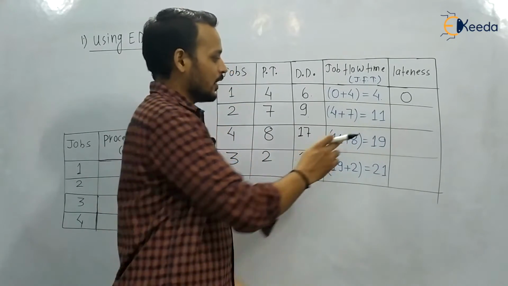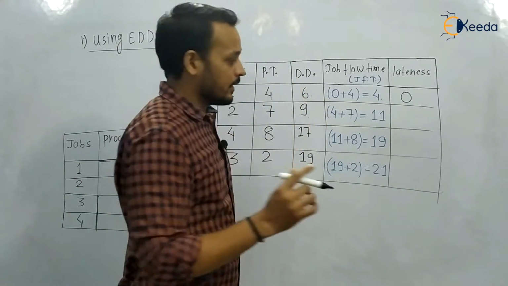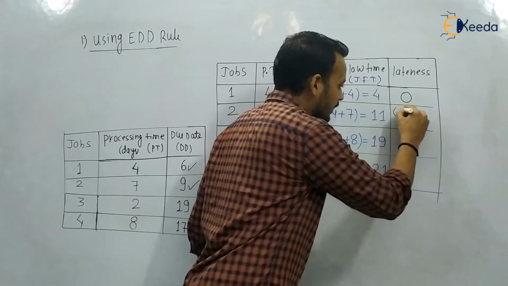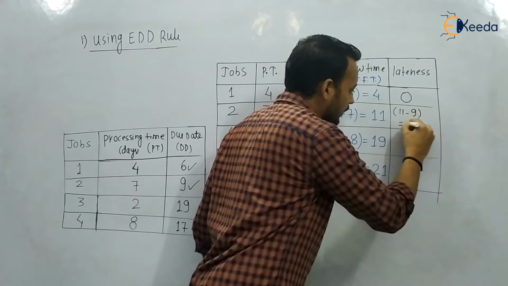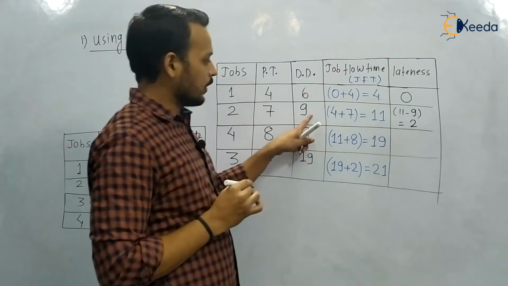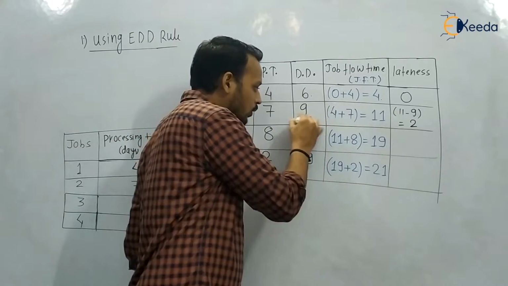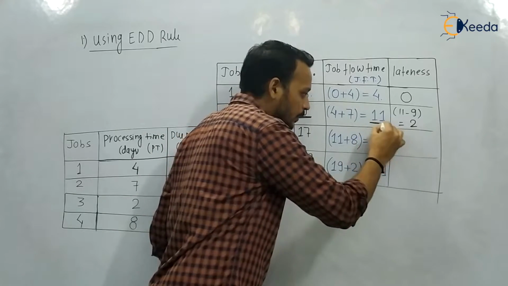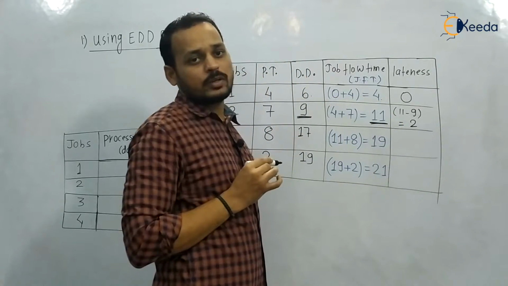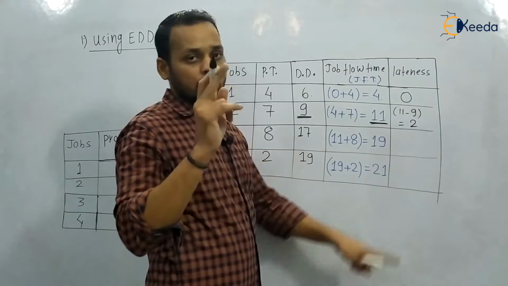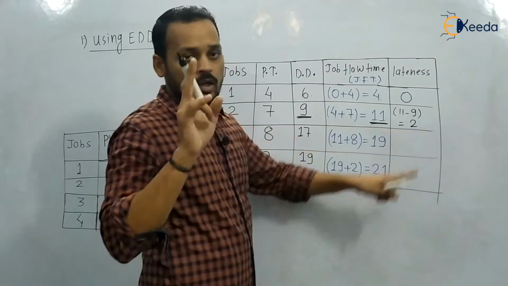That means you are getting late by how many days? 2 days. That is 11 minus 9. Okay, because you have already told the customer that visit on 9th of October, but you are completing the processing of the job on 11th of October. It means he will have to wait for the 2 days. It means you are late by 2 days.